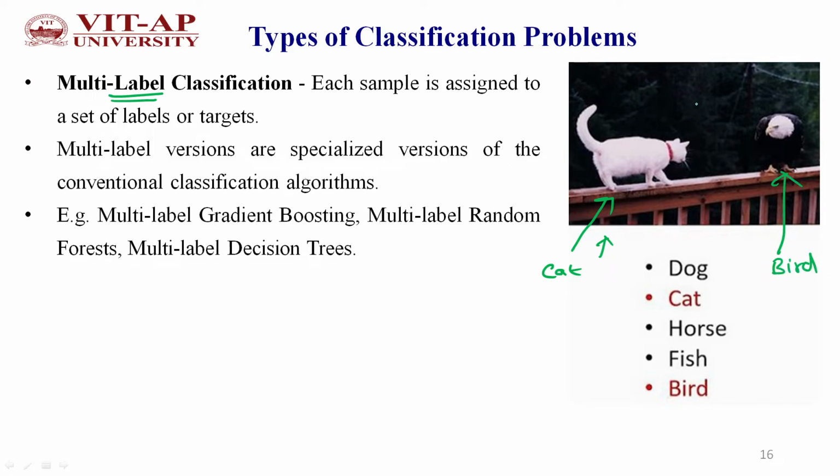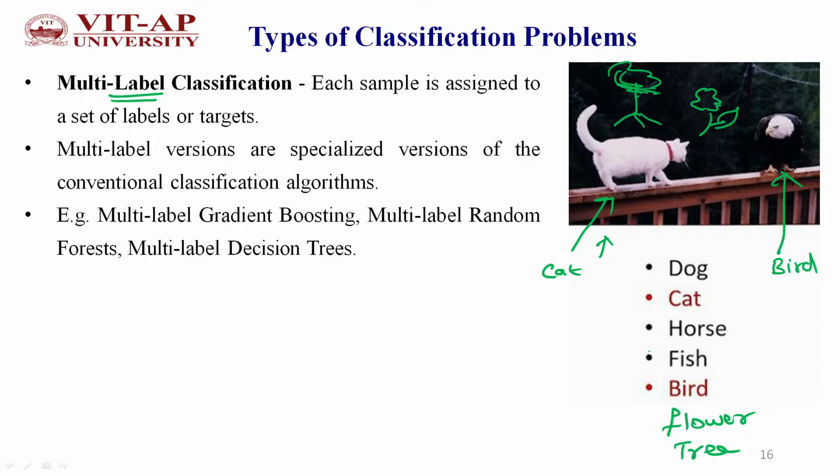If there is any flower here, it will classify that as flower. If there is any tree, it will be classified as tree.